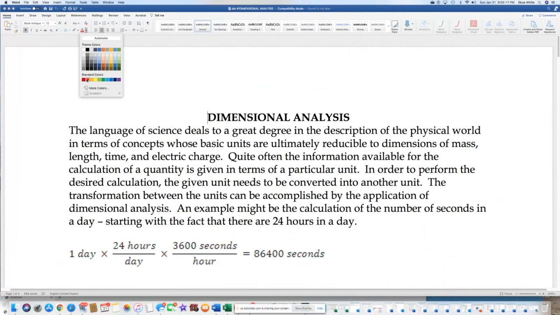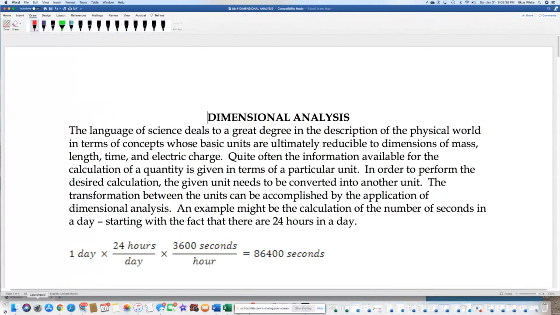Okay? So you read a question and the question gives you a number and a starting unit. The starting unit is your starting point. So you are aware this is how dimensional analysis is done. The given unit, so they give you a number, but the number is not as important as the unit.